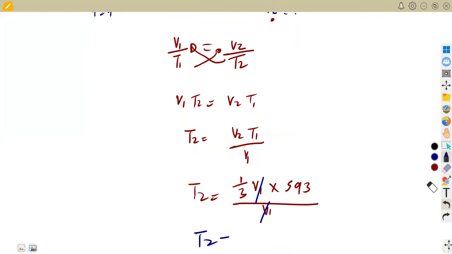Just determine your final value for the temperature, which is our T2 was going to be equal to a third of 593. So you're just going to multiply this by a third. So that was the case, just like that. So this was going to give us 197.667 in Kelvin.